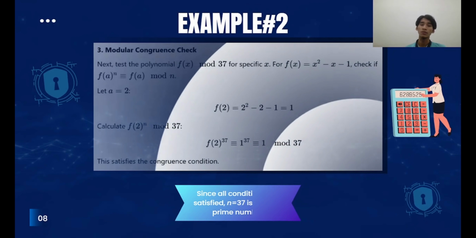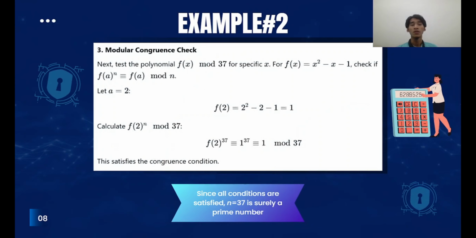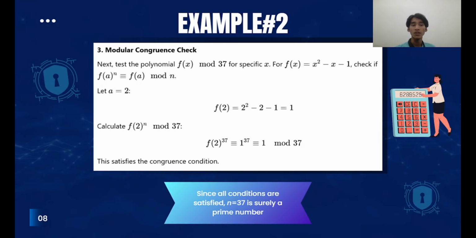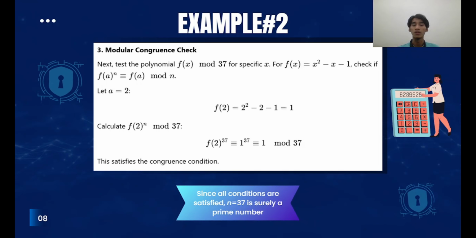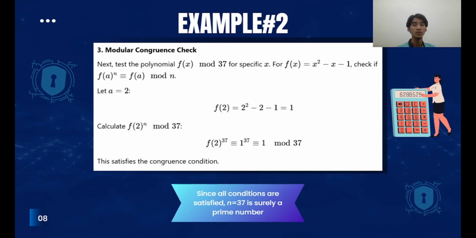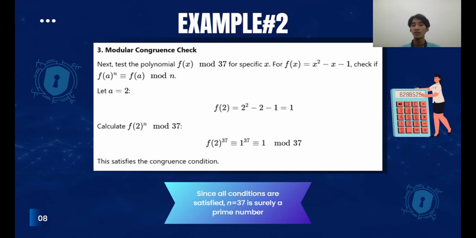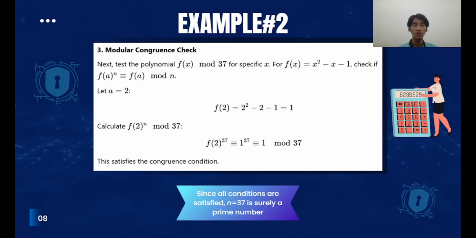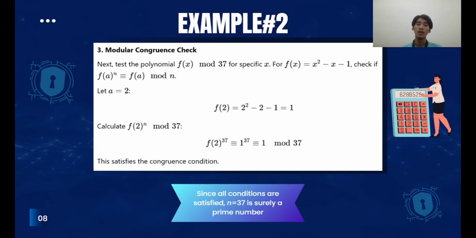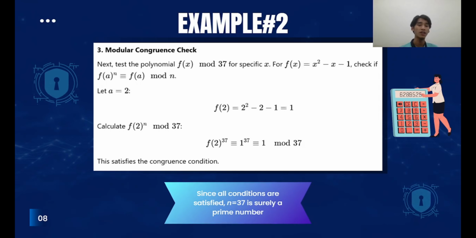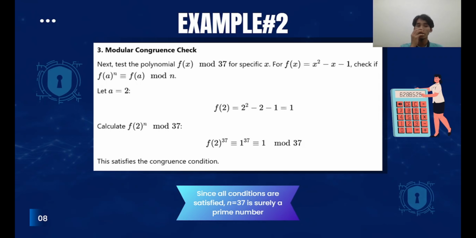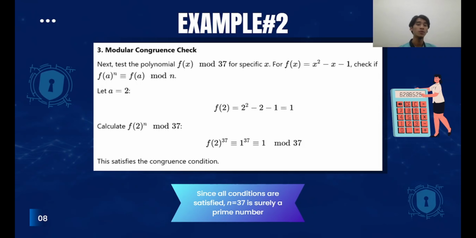Now let's take a look at example 2. Number 3, modulo congruence check. Next, test the polynomial f(x) modulo 37 for specific x. For f(x) equal to x squared minus x minus 1, check if f(a) to the power of n equals f(a) modulo n.